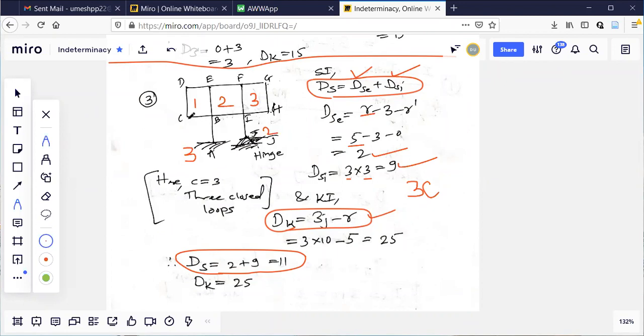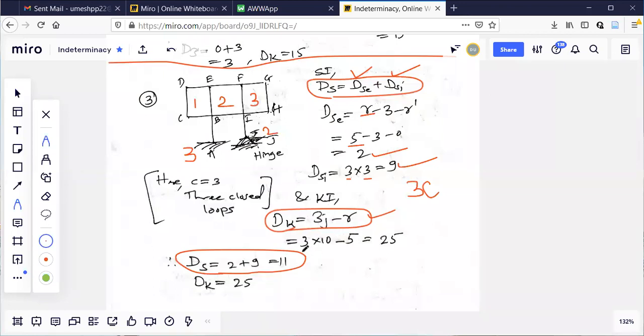B, C, D, E, F, G, H, I, J. You start from A, go in the clockwise direction and end at the last support, that is J. You can count them: 1, 2, 3, 4, 5, 6, 7, 8, 9, 10. Totally 10 joints are there.